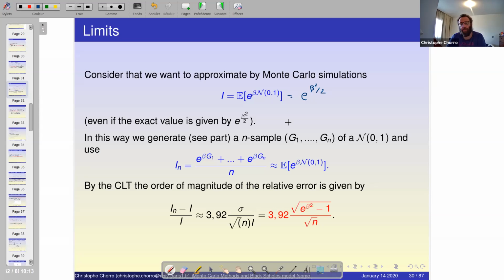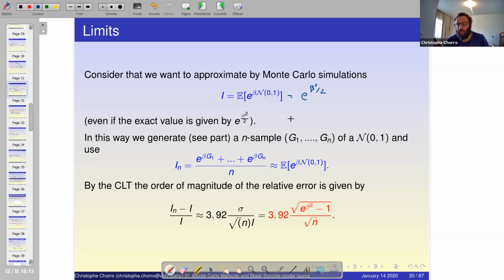What I have to do, as I have said previously, since it's a function of N(0,1), a Gaussian distribution with mean 0 and variance 1, if I want to use Monte Carlo methodology, is generate an n-sample of N(0,1). For the moment I don't know how to do it, I will see this next session quickly.